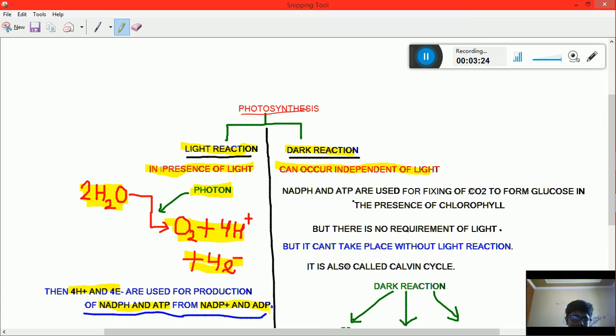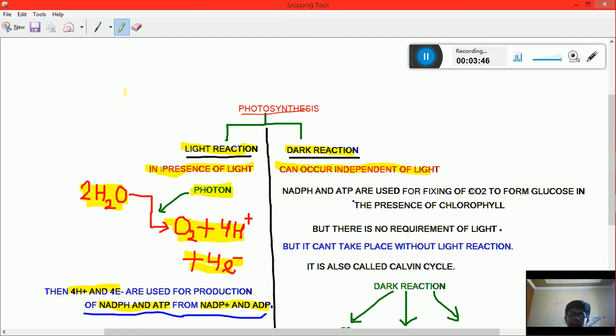Now what is NAD plus? What is the difference between NADPH and NAD plus? The basic difference is that NADPH contains an extra hydrogen, whereas NAD plus doesn't contain that extra hydrogen. So we can say NADPH is a reduced form of NAD plus, because when hydrogens are added to any substance, it gets reduced.